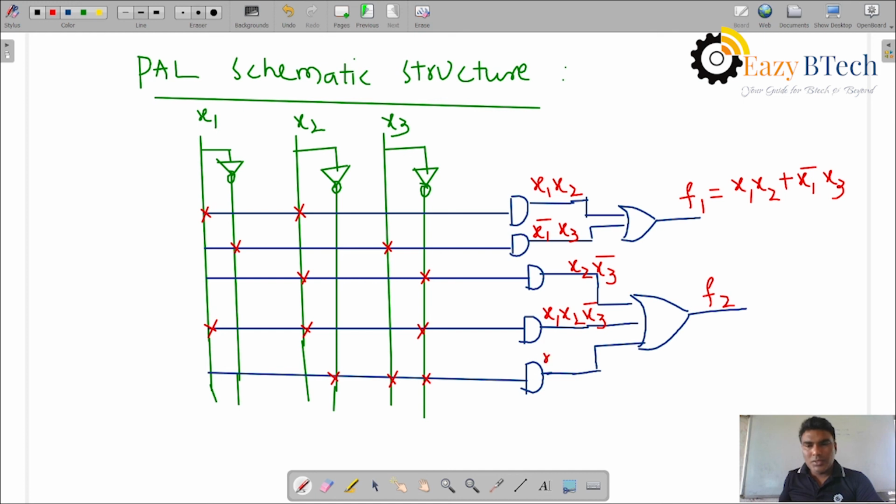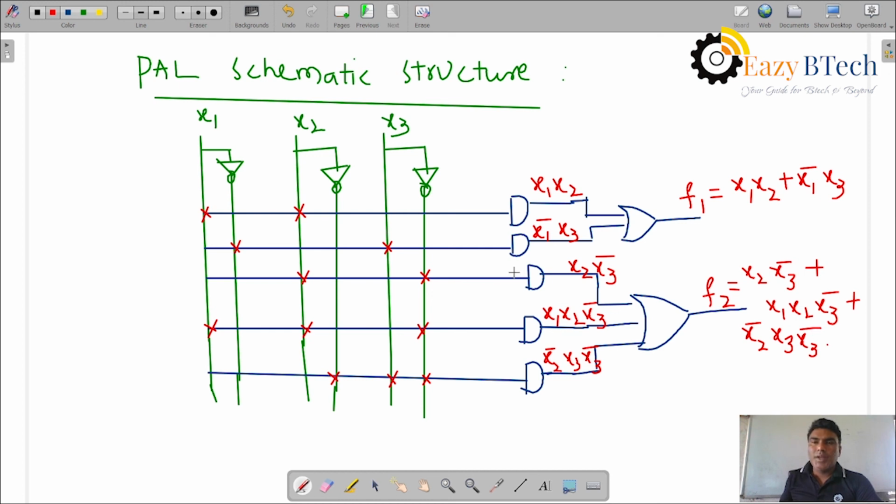So we can write the function f2. The product terms are x2 x3 complement plus x1 x2 x3 complement plus x2 complement x3 x3 complement.